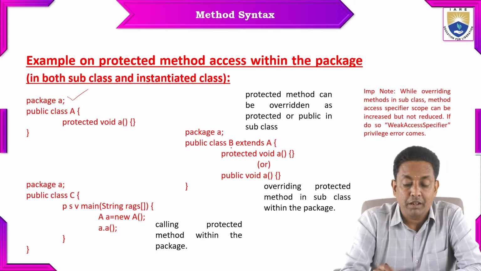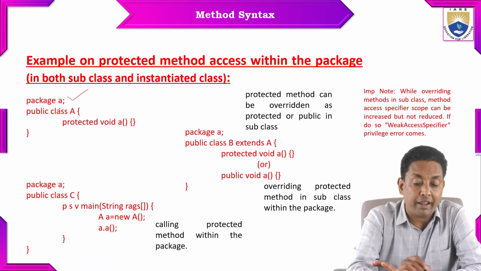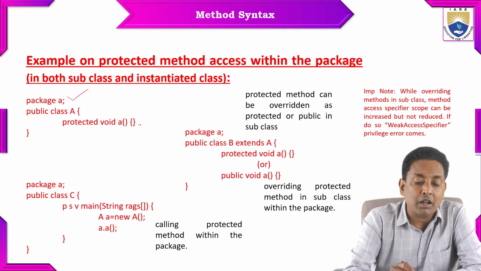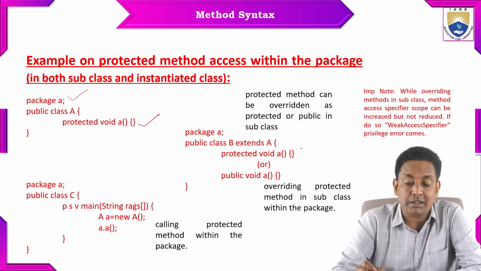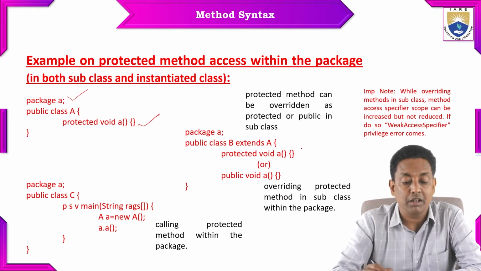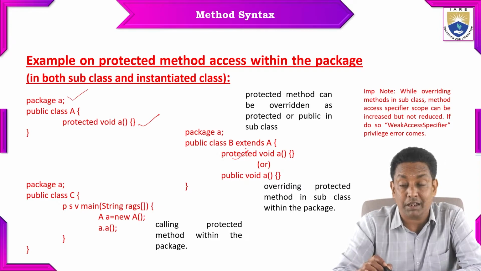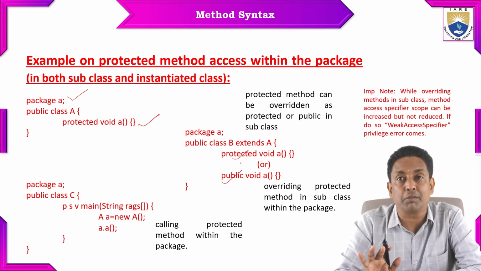First one, public class B extends A within the same package A. While overriding the superclass method in the subclass, as I told you before, the same access specifier can be maintained, or its access scope can be increased but should not be reduced.